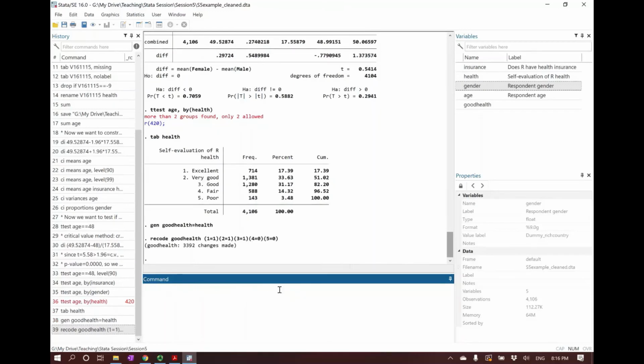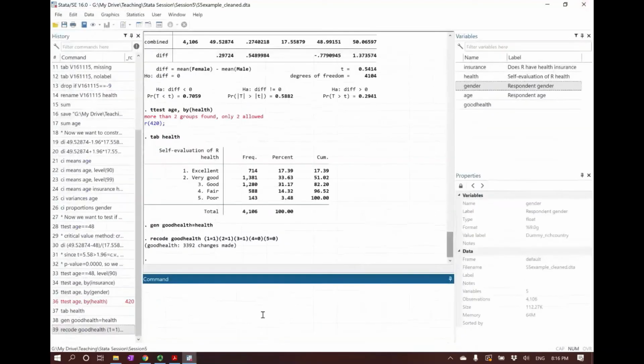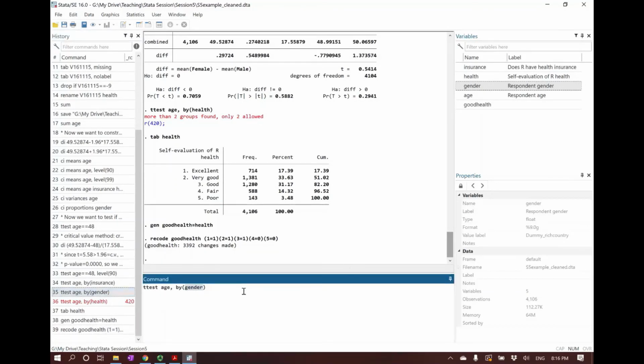So if you click enter, double check that you created a new variable called good health, and it only takes a value of 0 and 1, 1 being good health, 0 being not good health, fair or poor. So now you can test the mean age across respondents with different health conditions, by good health.